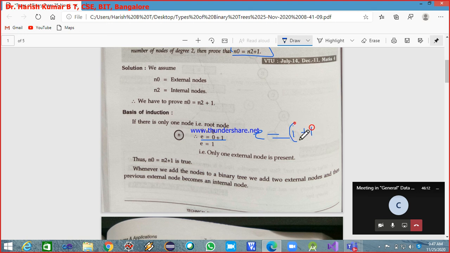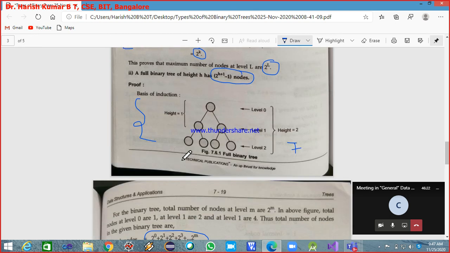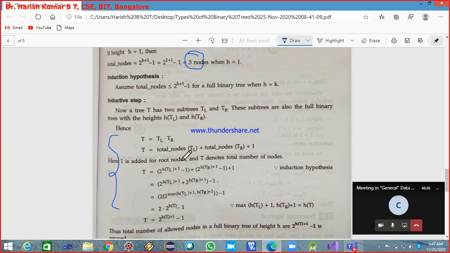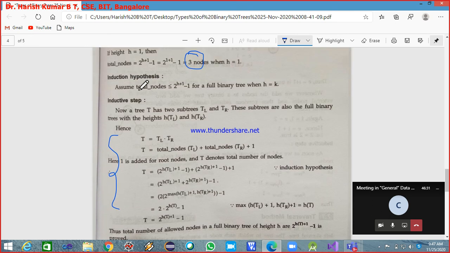So I is the total number of internal nodes and E is the total number of external nodes, or leaf nodes. Based on this, we have one more generalized induction proof. Now we'll just go through this.